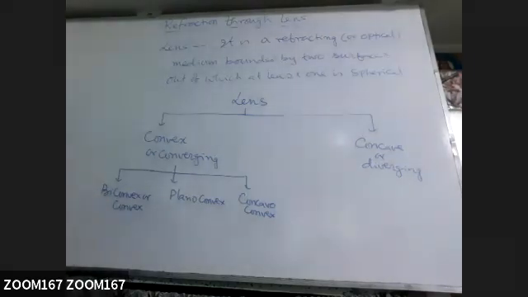Biconvex means both the surfaces are bulging out. That may be of same radius of curvature or unequal radius of curvature, no problem. So both the surfaces are bulging out. That's why name is biconvex. Both are convex.